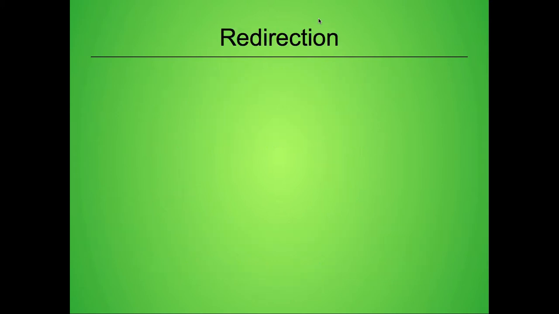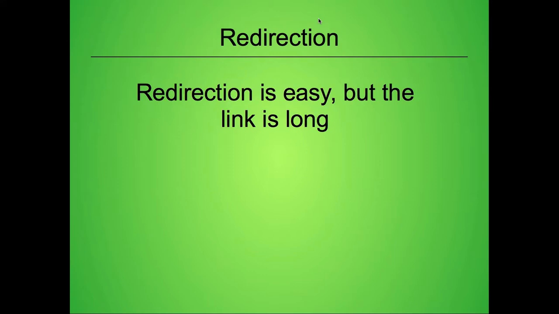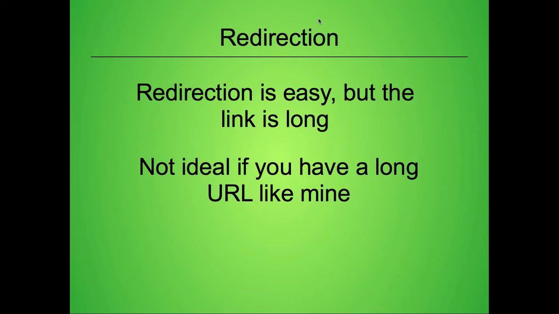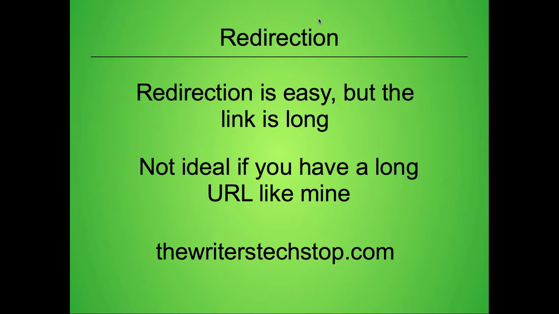So when we talked about redirection last time, we saw that it was an easy way to create an evergreen link, but the link is very long. Particularly if you have a long URL like mine, this is not ideal. So my URL is thewriterstextstop.com.